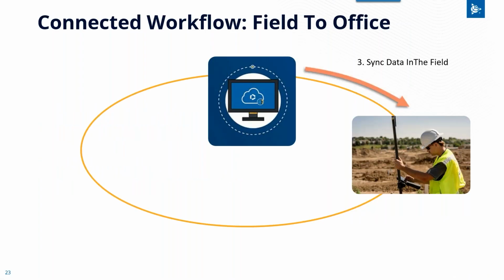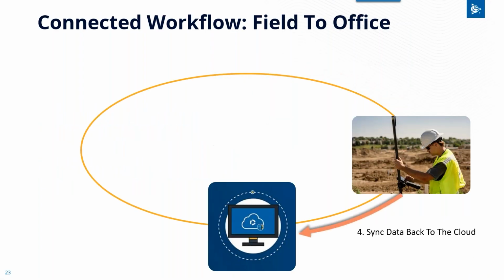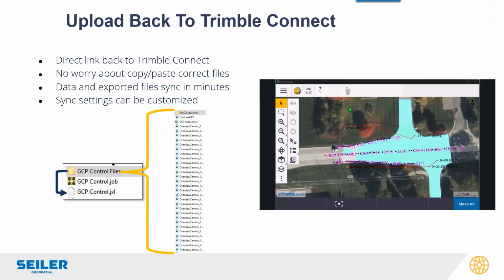We do our field work, and now we are ready to send things back to the cloud. Field work is done on the collector. You hit sync, and it'll be available in the cloud within minutes. What I want to point out with Trimble Connect, and I mentioned people hunting through their file explorer, is that if you've ever used an SX10 or an SX12, this is the file structure.